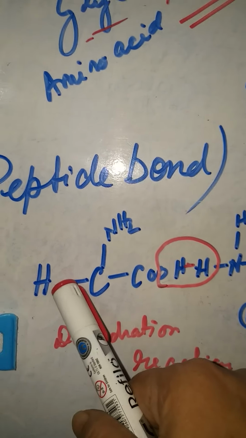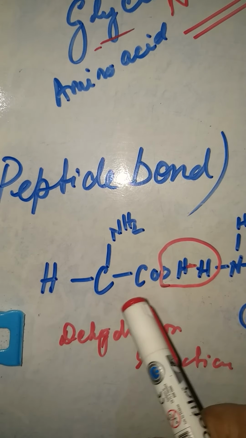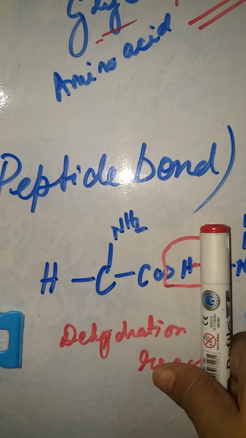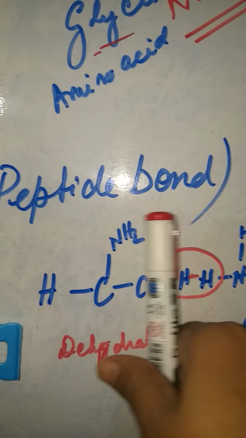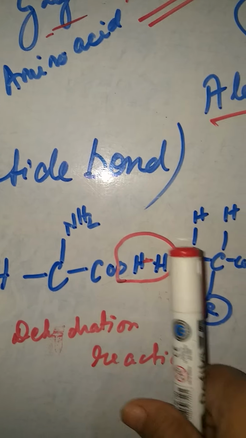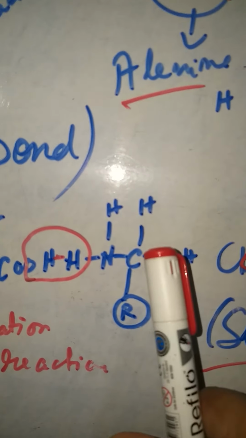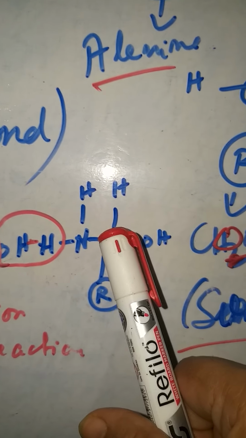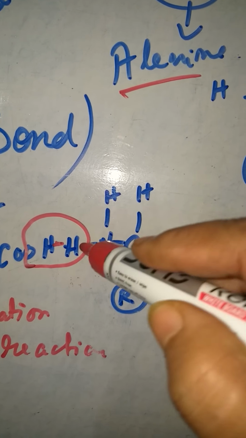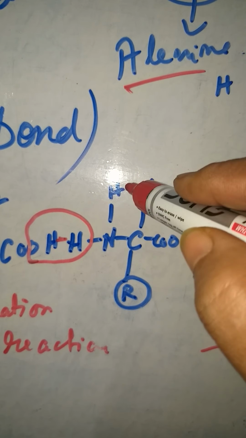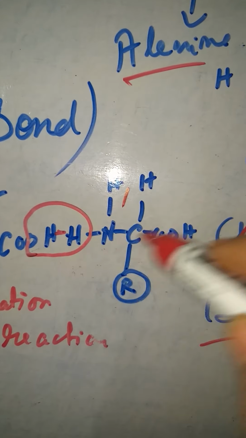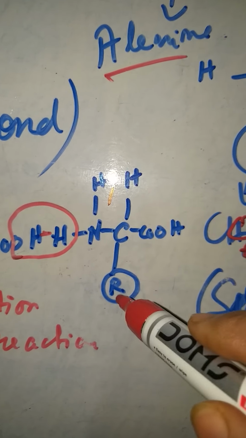Now here you see H, C, NH2 and again COOH. If you see up to here, this is one protein amino acid molecule, and another, you see, has NH2. This is the amino group. You see, this is the amino group out here. This is this and this R here.